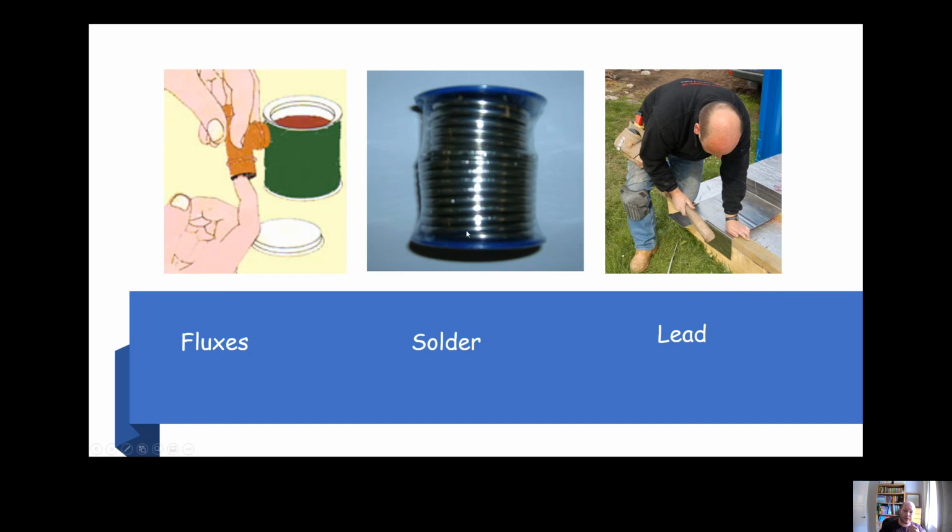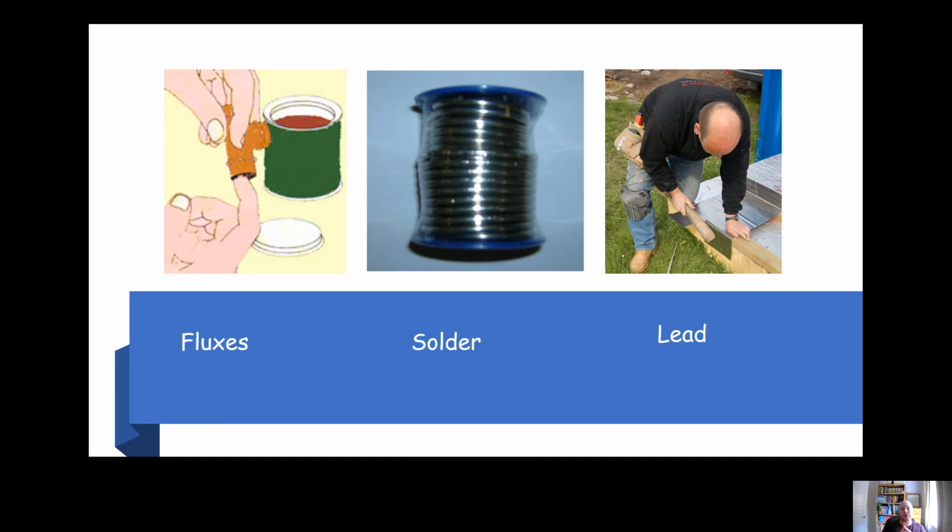If the flux is leaded, then you should make sure that you take appropriate control measures. You might perhaps wear barrier cream, put some cream on your hands to protect them from the lead coming into contact with you.